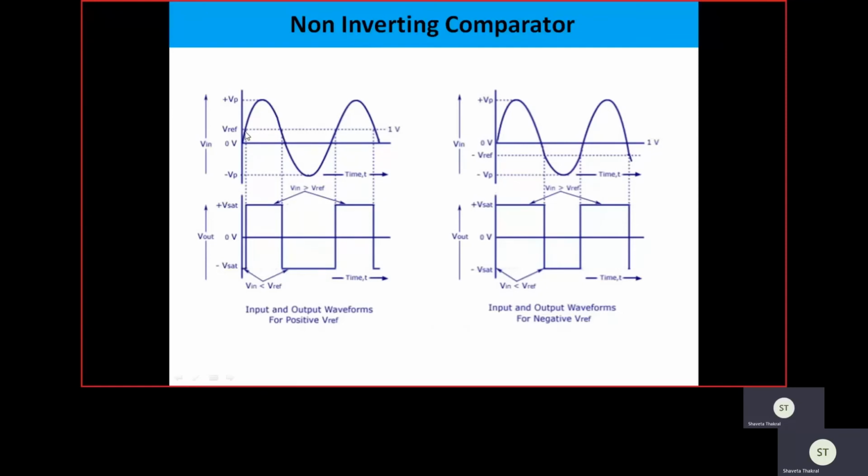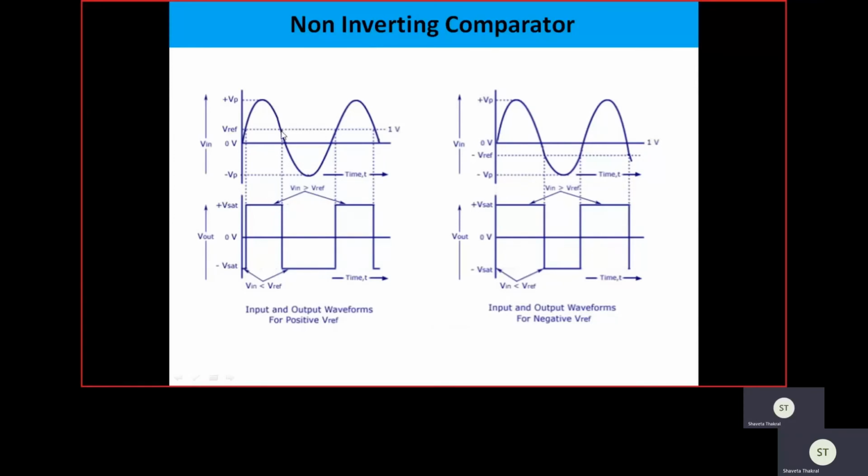If the input signal is less than V reference, that means the signal at the minus terminal is greater than the signal at the plus terminal, so the output generated here will be minus V saturation. Then from this point to this point, the input voltage exceeds the reference voltage. If the input voltage exceeds this reference voltage, then the output will switch from minus V saturation to plus V saturation. Till this point we have the output as plus V saturation.